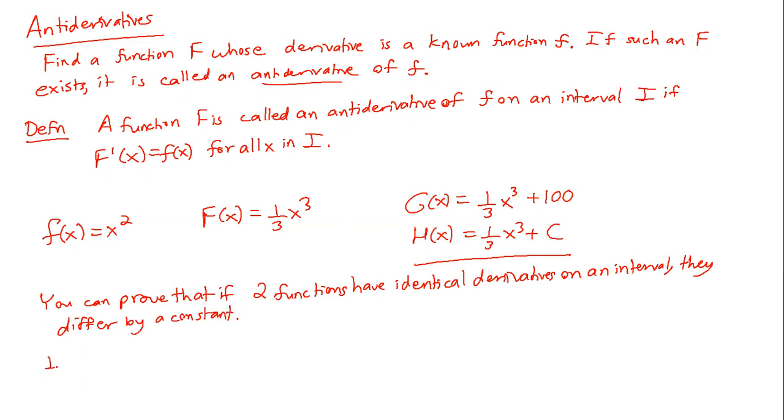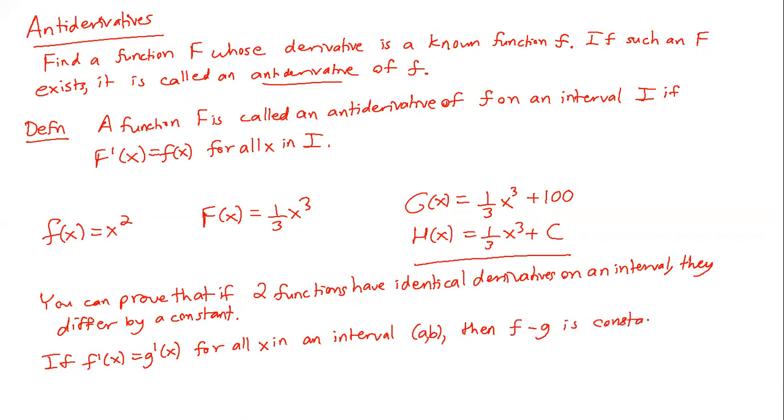You can write this mathematically as: if f prime of x is equal to g prime of x for all x in an interval (a, b), then f minus g is constant on (a, b), or f of x is equal to g of x plus c for some constant c.